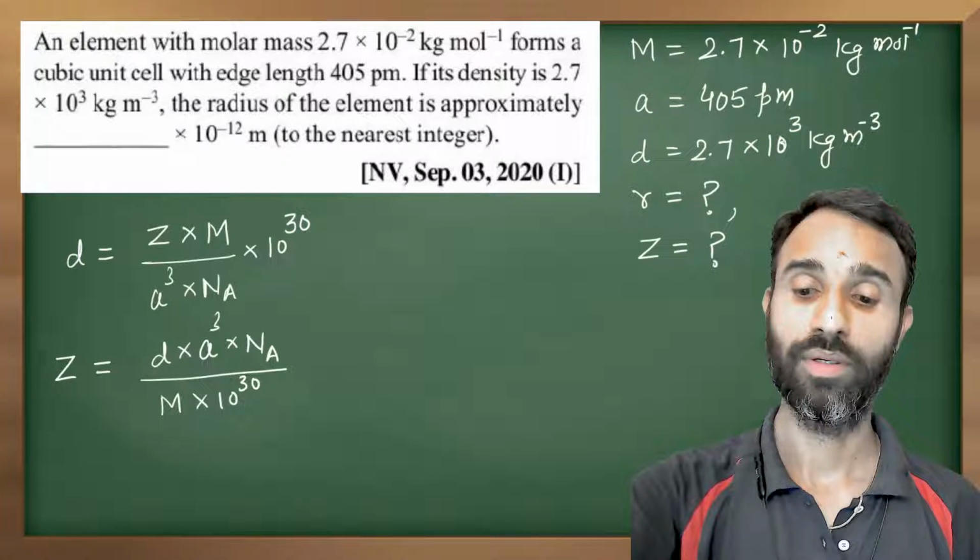So first we convert density into gram per centimeter cube and molar mass into gram per mole.